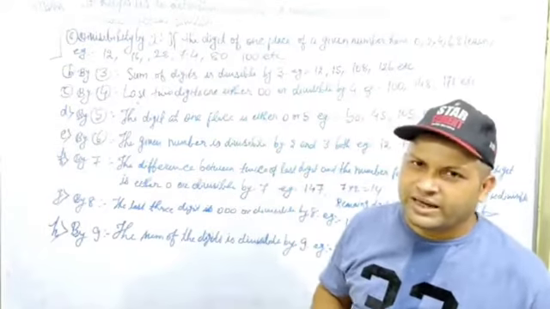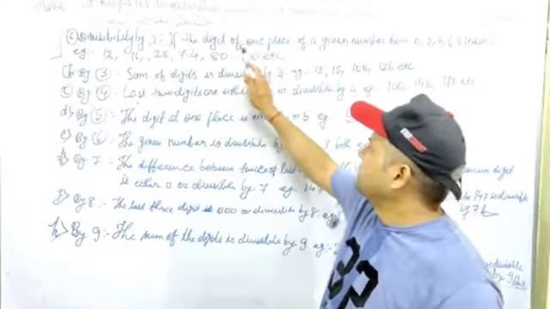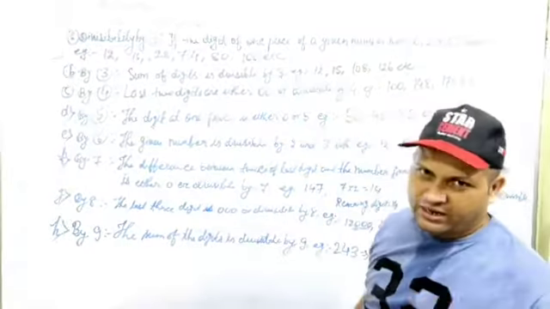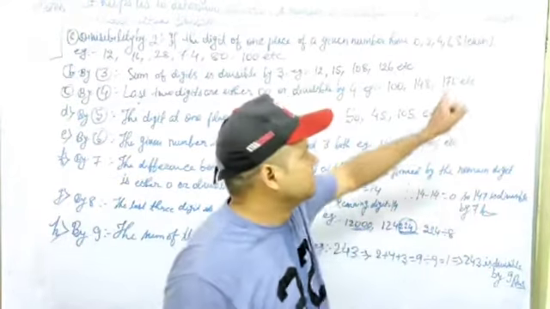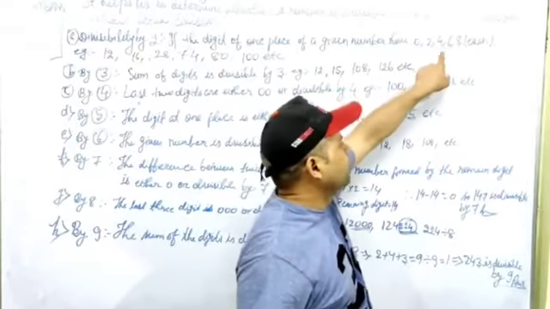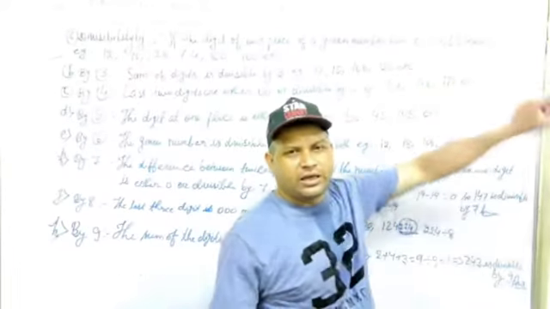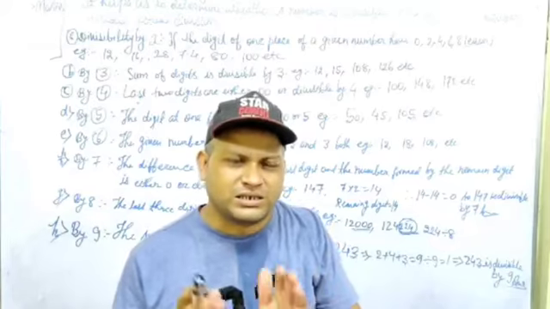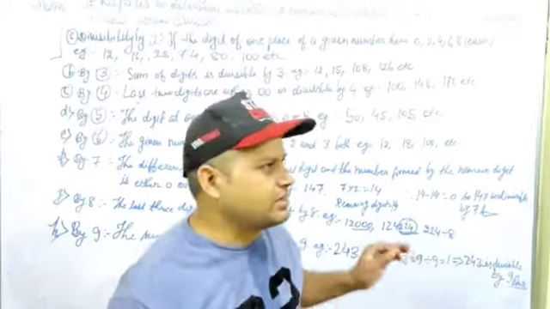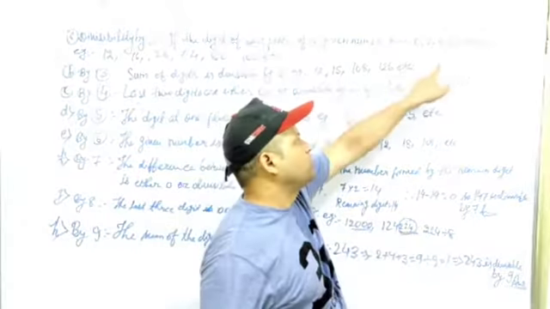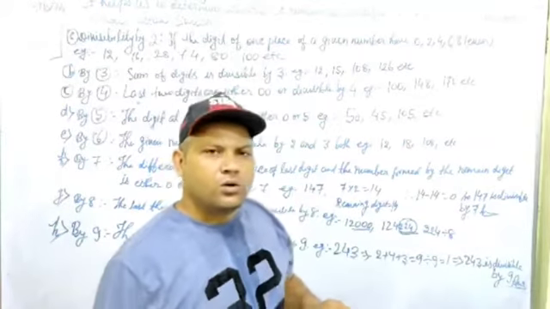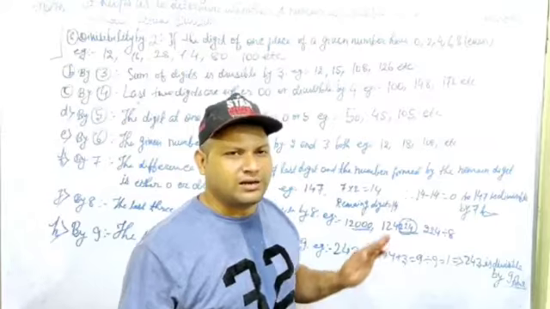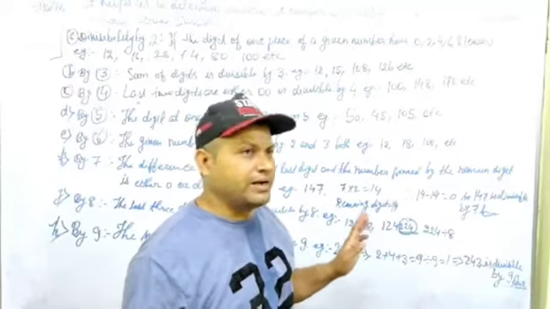We have to check whether the digit at the one's place of the given number is even or not. Even means 0, 2, 4, 6 and 8. If the one's place digit of a given number is 0, 2, 4, 6 or 8, then we can say the given number is divisible by 2.